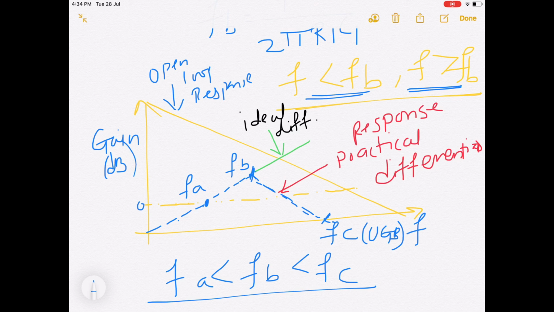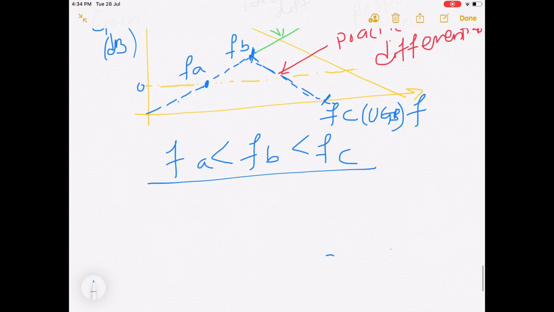For effective differentiation, the time period T of the input signal is given by Rf into C1. This is the main condition for effective differentiation.